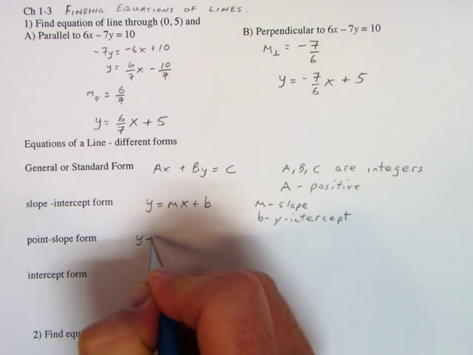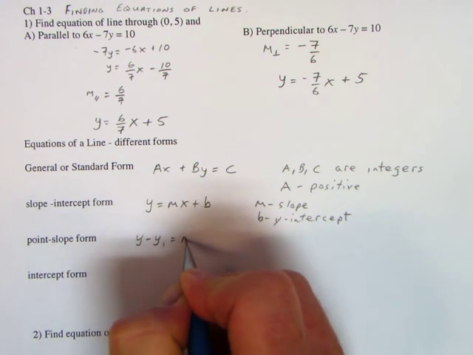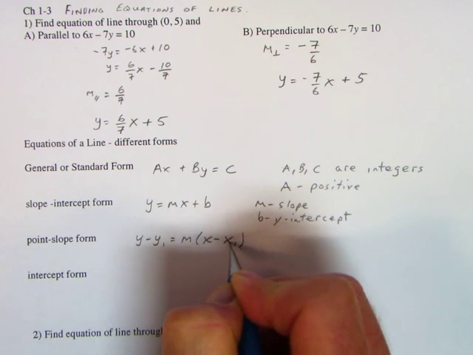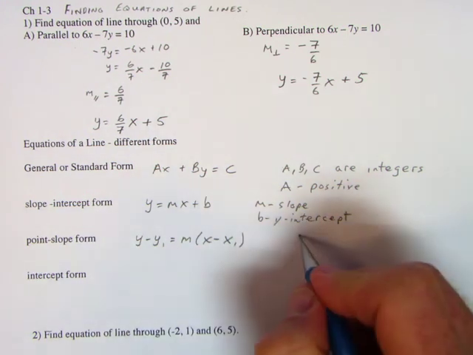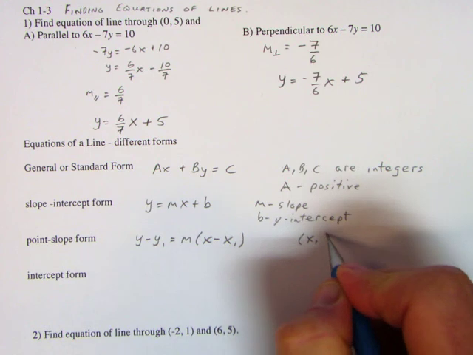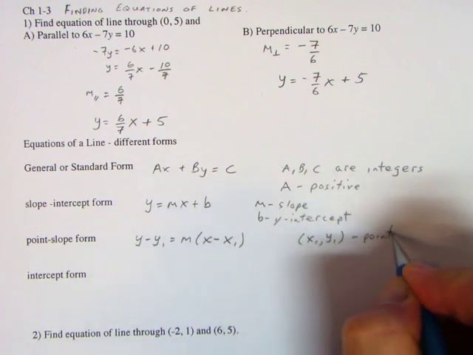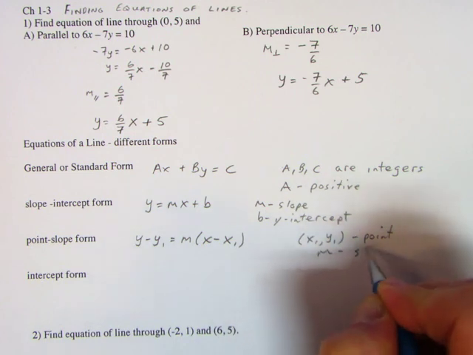This one is y minus y1 equals m times the quantity of x minus x1, where x1 comma y1 is our point and m is our slope.